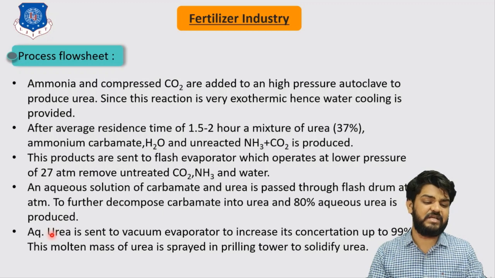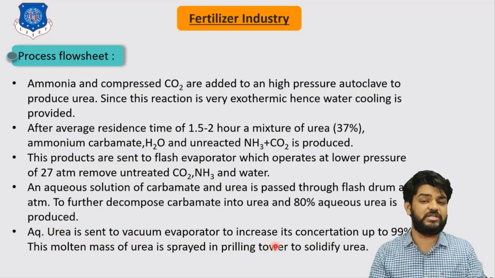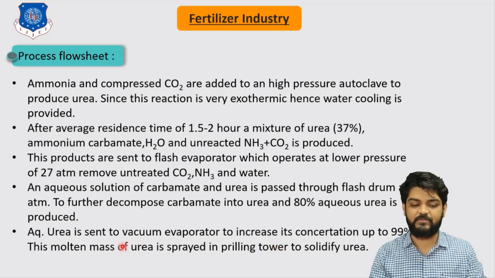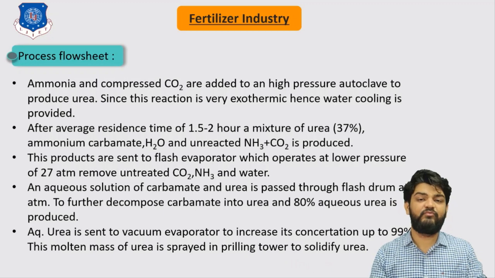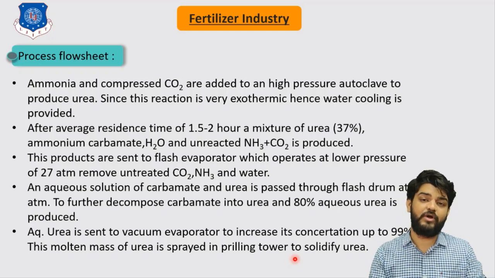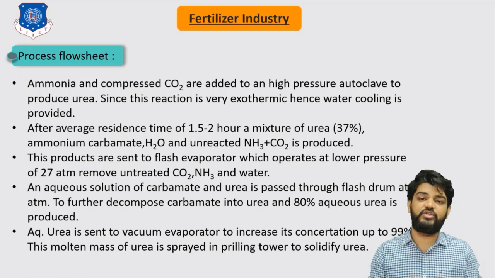Then in the later stage this aqueous urea is sent to the vacuum evaporator to increase its concentration to 99%. And then this molten mass of the urea is sent to the prilling tower where we produce fine powder of the urea by solidifying this molten urea with the cold air. So this is all about the process description of urea.